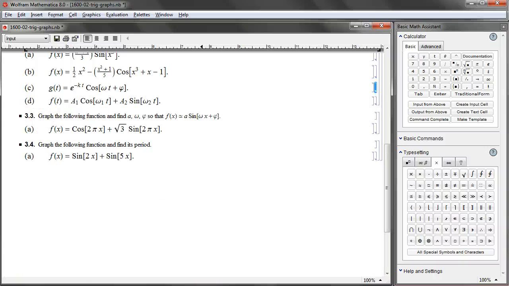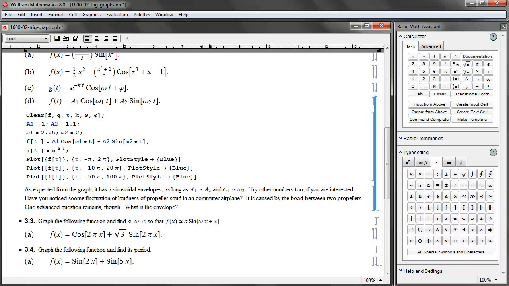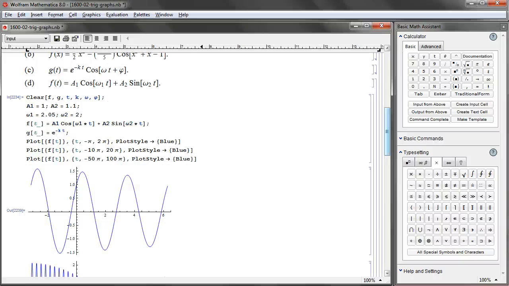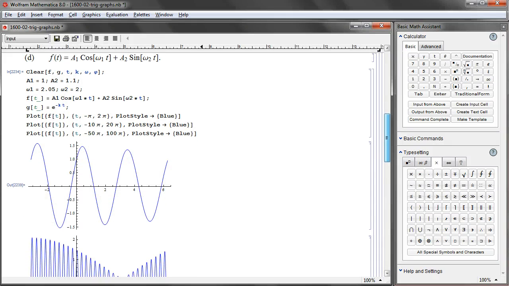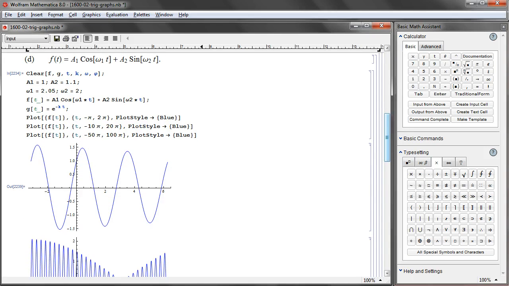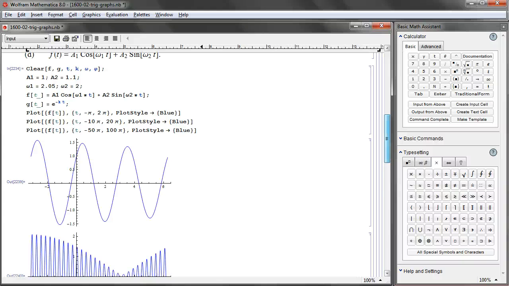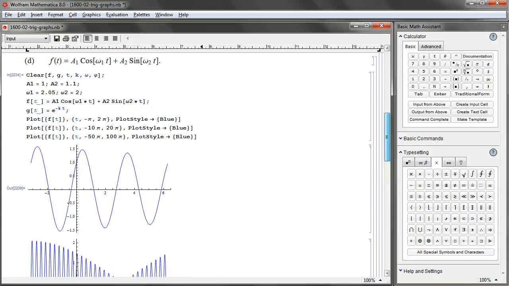And one more, this kind of behavior is beats, and that appears when imperfectly tuned oscillators are interfering with each other. And for example, if you get on a propeller airplane, you see things like these.